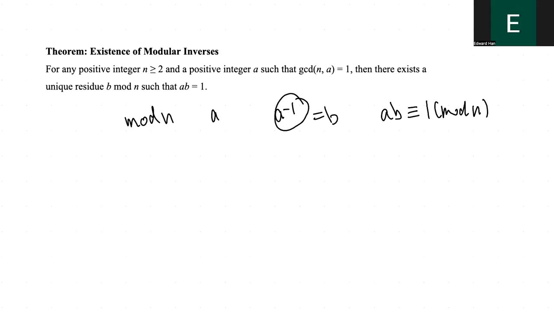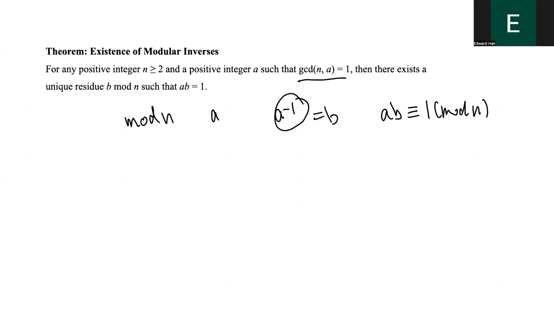And this theorem says that if n and a are relatively prime, then there exists a unique residue that satisfies this property. Okay. And to prove this, we can apply Bezout's identity on n and a because we have this condition.